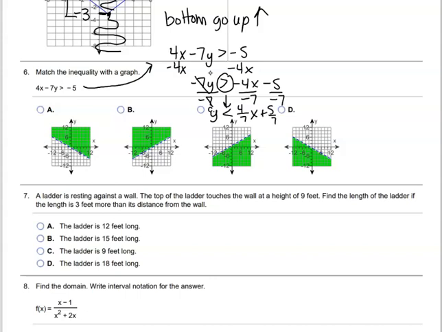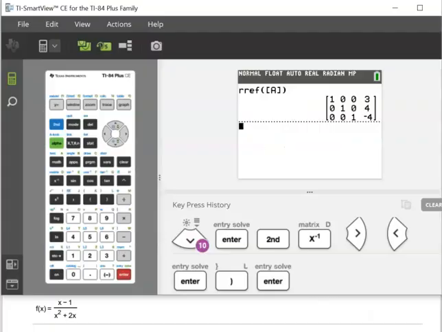And so if I type this in my calculator, y equals 4/7 x plus 5/7, I can at least see if the line's going up or down. Now I know that the slope is positive, so it should be going up, but we're just going to clarify that on the graphing calculator.